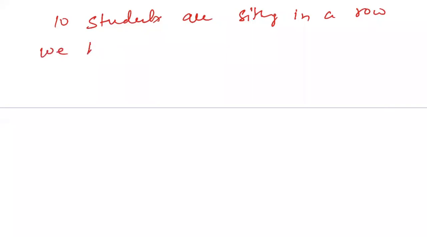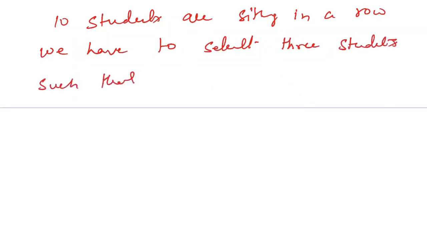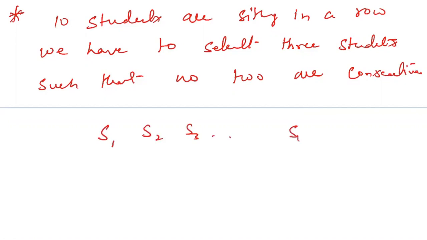We have to select 3 students such that no two are consecutive. No two are consecutive means 1, 2, 3 up to S10, 10 students are sitting there. You have to select 3 students from anywhere, such that no two are consecutive. In how many ways can we do this?